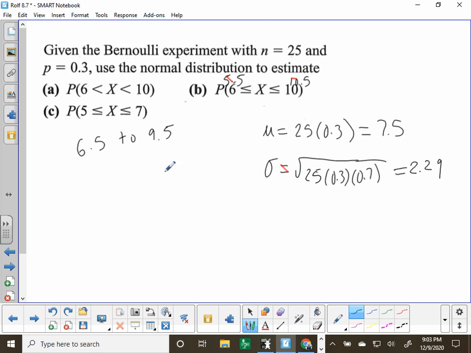Okay, so here we go. My first z-score is equal to 6.5 minus 7.5 divided by 2.29. So that's -1 divided by 2.29.